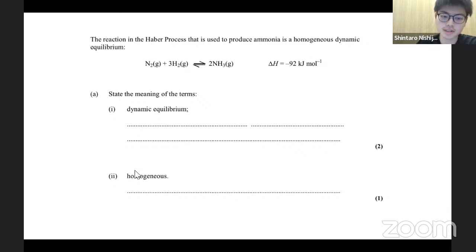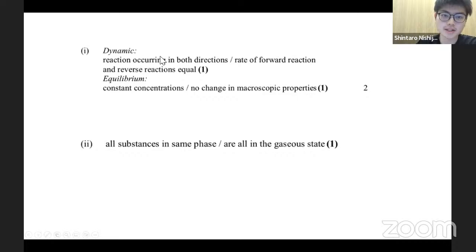And homogeneous, I think everyone got right. Homogeneous means that they're all in the gas phase. So dynamic means that the reactions are occurring in both directions, and equilibrium just means that there's a constant concentration of reactants and products.